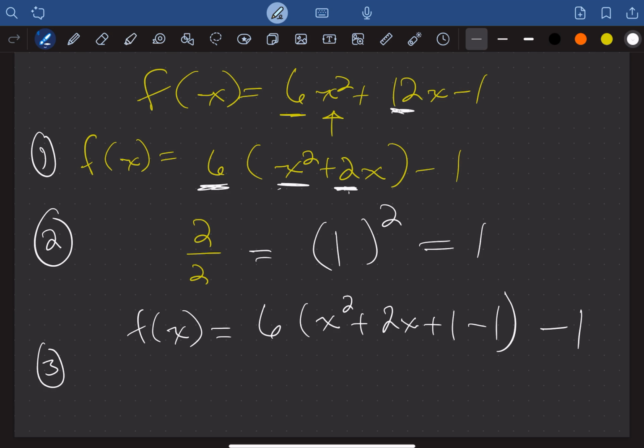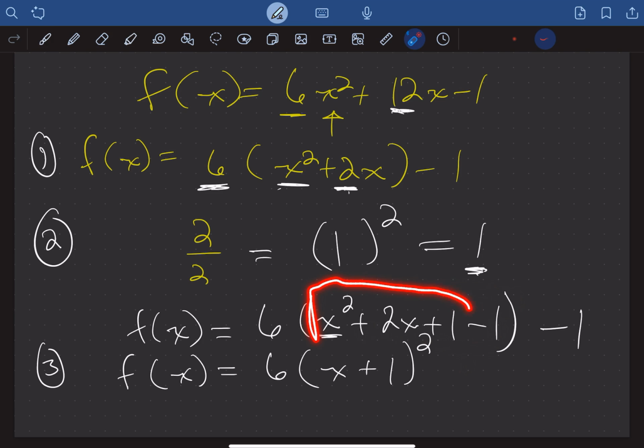Now, step 3, what we're going to do is rewrite it as a perfect square. So f of x equals 6 times, I have my perfect square value here. I'm just going to take x plus that perfect square value, 1. So x plus 1, that quantity. If you want to solve this out, distribute it through, do x plus 1 times the quantity x plus 1, and you will get this value here, x squared plus 2x plus 1.